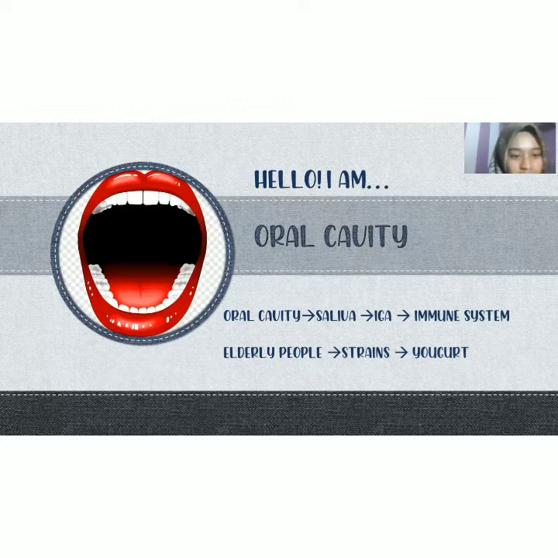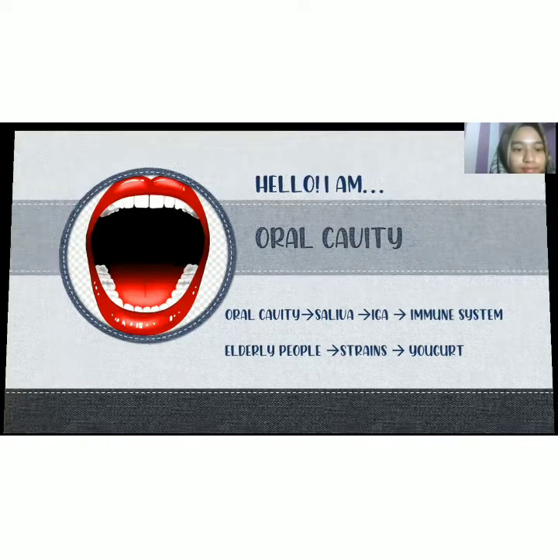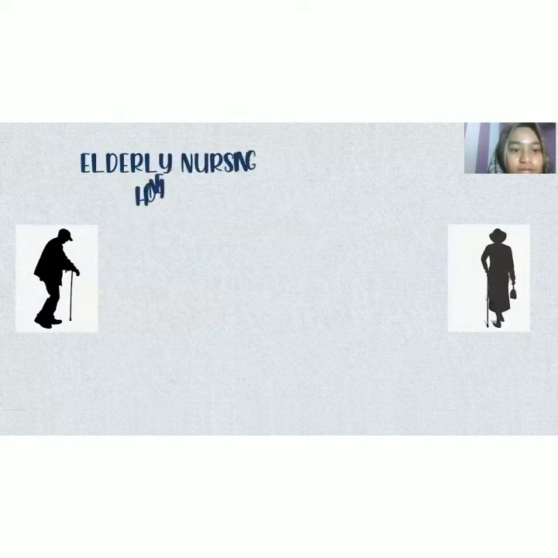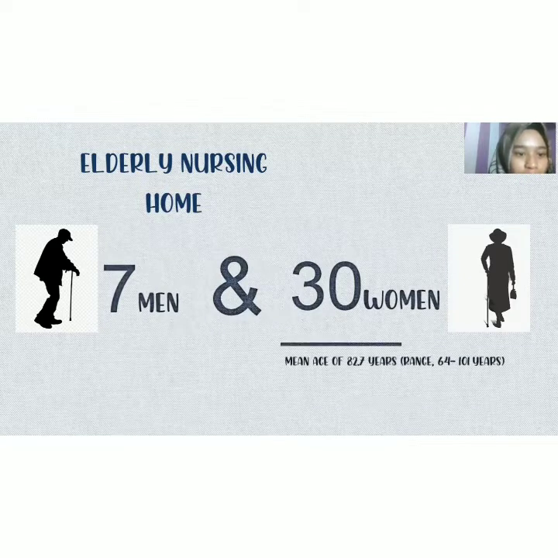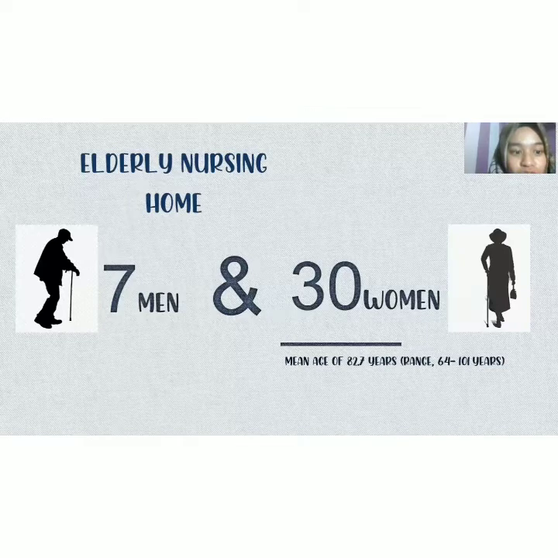To address this hypothesis, we examined the alteration in the salivary IgA levels of elderly persons residing in a nursing home after daily intake of yogurt fermented with Lactobacillus bulgaricus OLL1073R1.